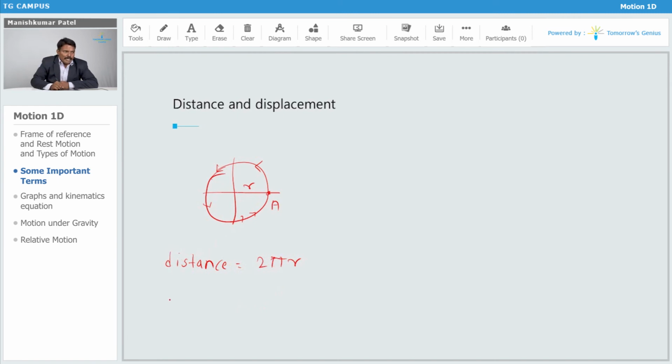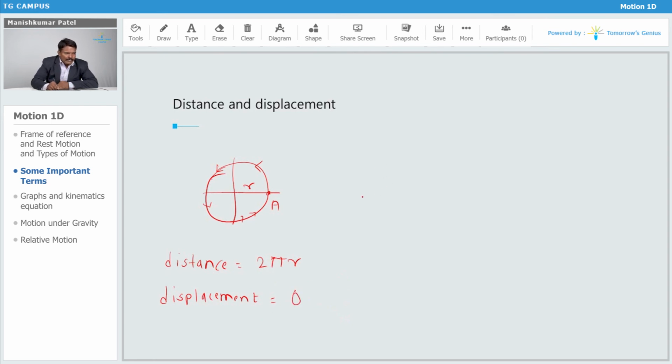The next thing to calculate is the displacement. Since the initial and final position is the same, the displacement will definitely be 0. So this is one case.